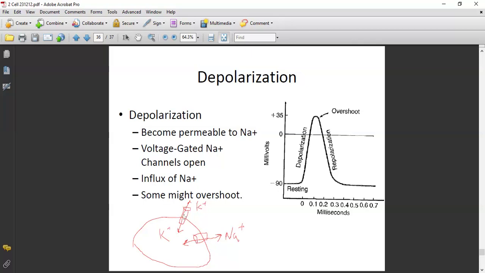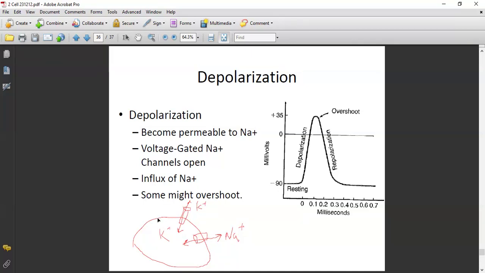After the sodium channel closes and the membrane potential reaches neutral, this one opens, the potassium channel opens. Now the question is, when this channel opens, would potassium move in or move out? They will freely diffuse across, but their net effect is from high concentration to low concentration.